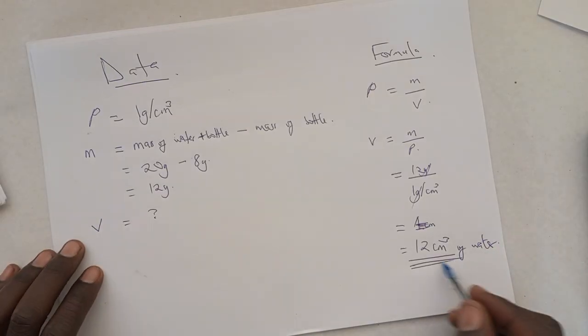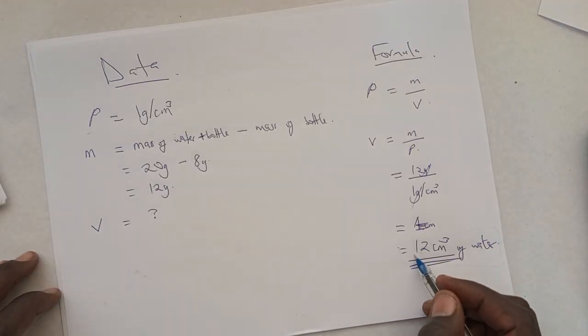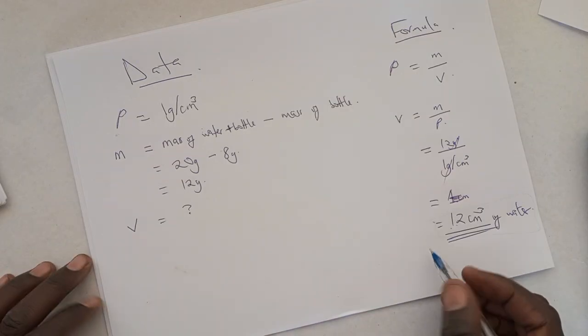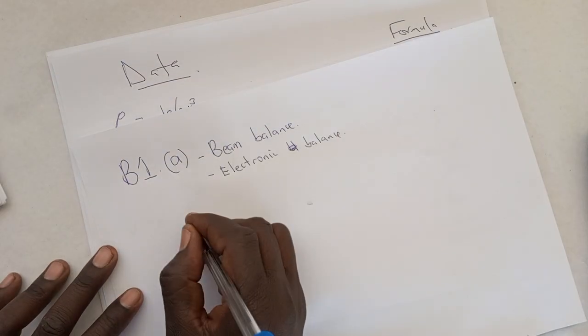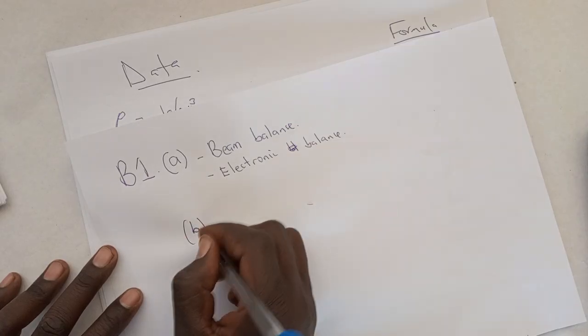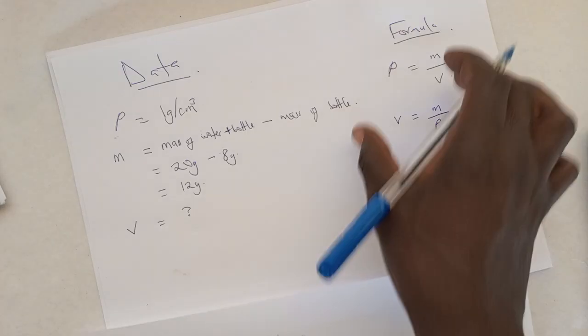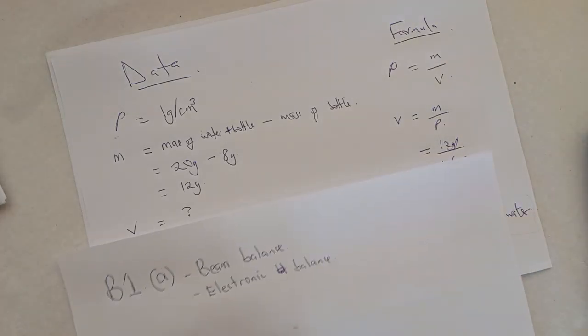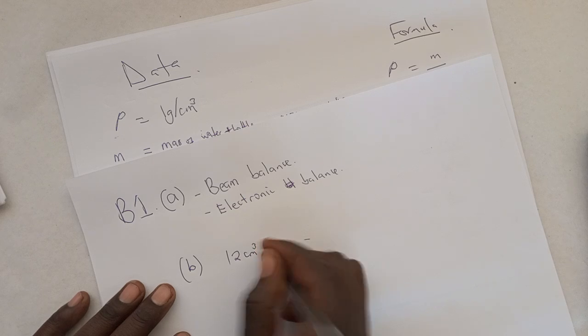But because the bottle is empty, this is going to be the volume of the bottle. So the answer here for B, calculate the volume of the bottle, is 12 cubic centimeters as the volume of the empty bottle.